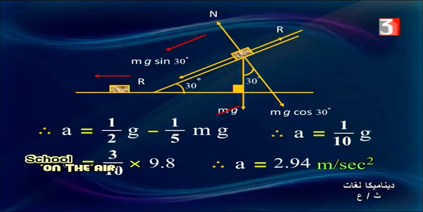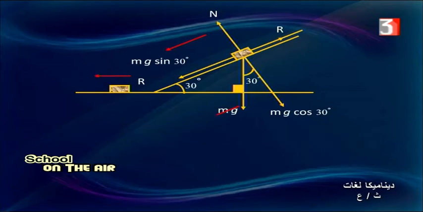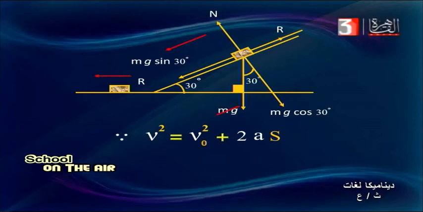What is the velocity of the box at the end of the inclined plane, at the bottom? The velocity: v squared equals v naught squared plus 2as. S is the length of the inclined plane, which equals 40 meter.